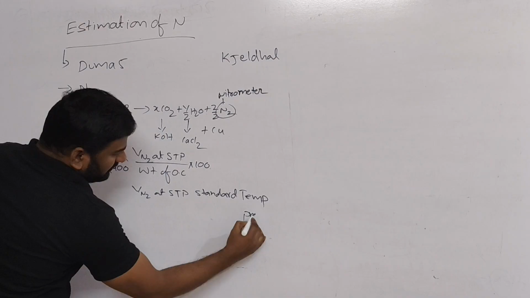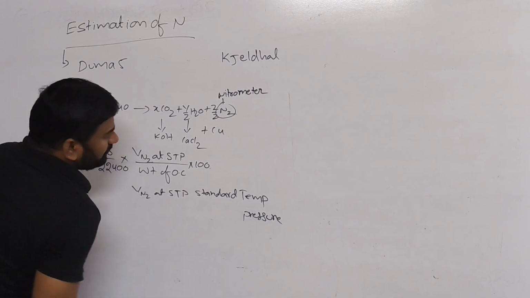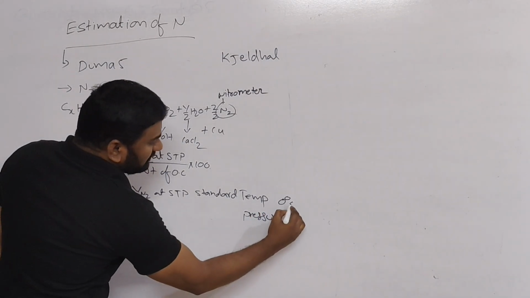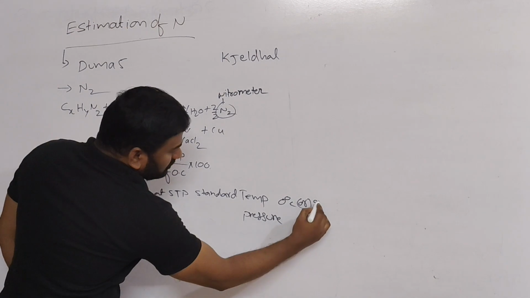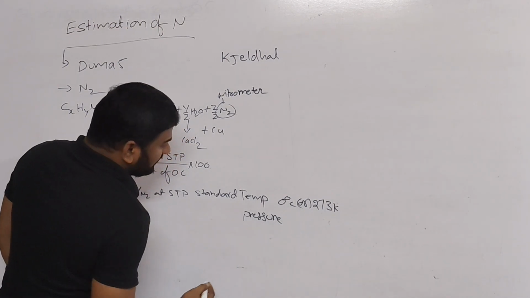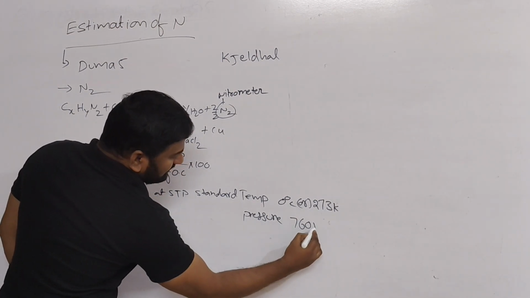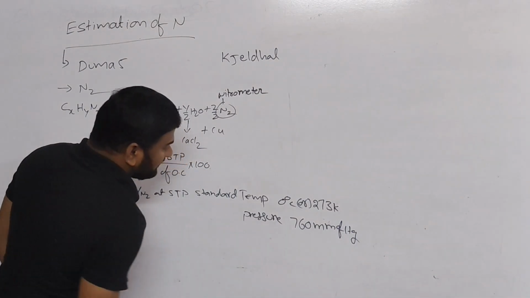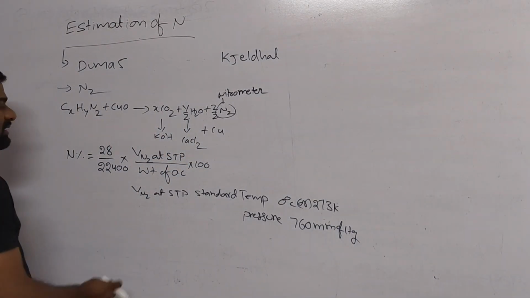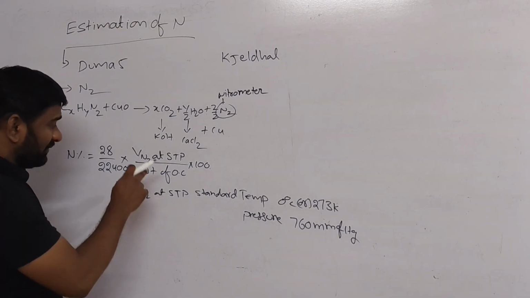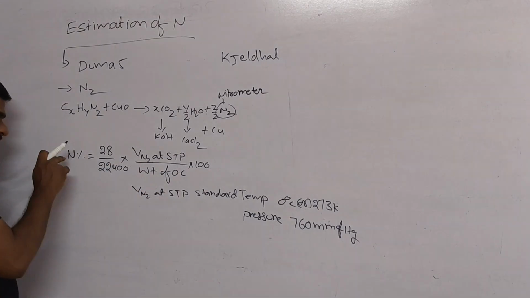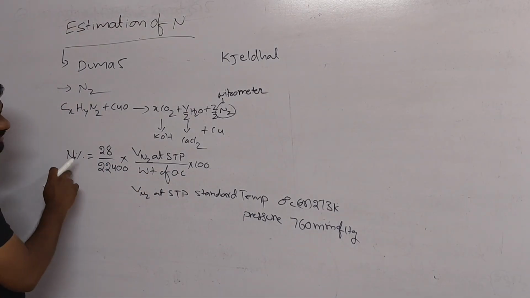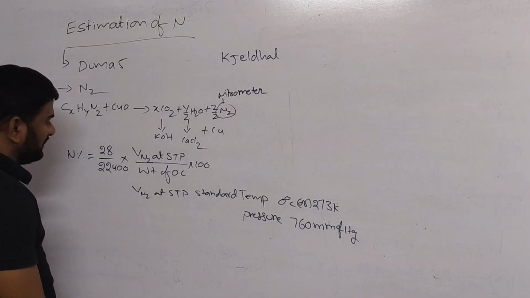Standard temperature is 0 degrees Celsius or 273 Kelvin. Standard pressure is 760 mm of Hg. At these conditions, if the volume of N2 is given, we can substitute directly in this formula and get the nitrogen percentage.